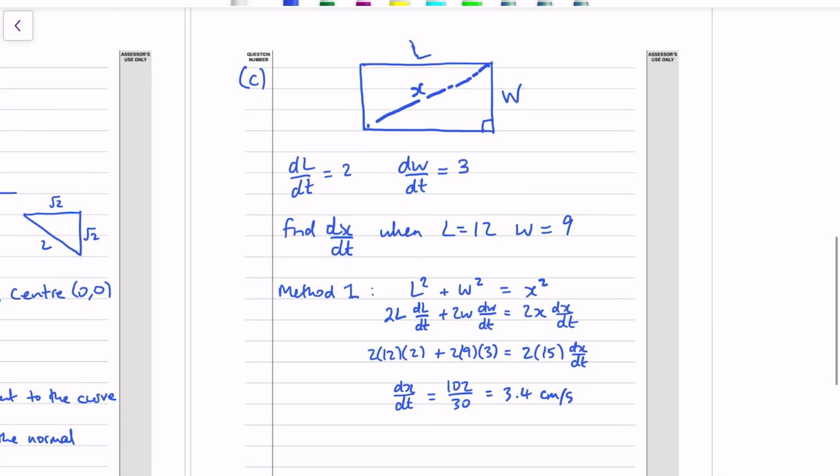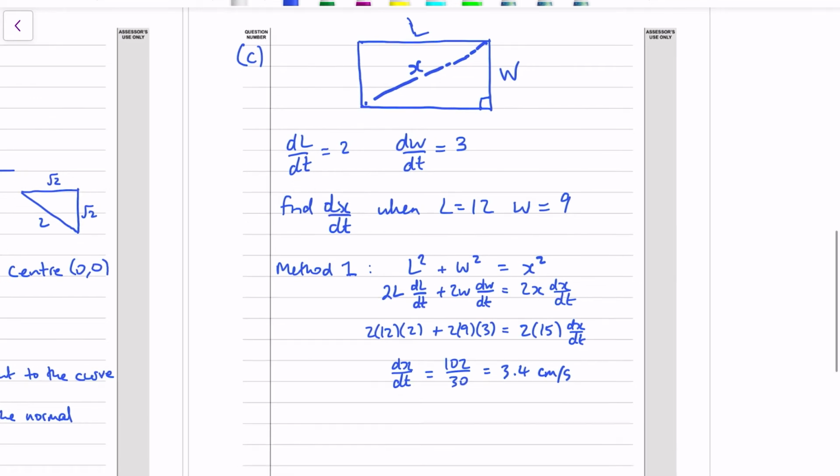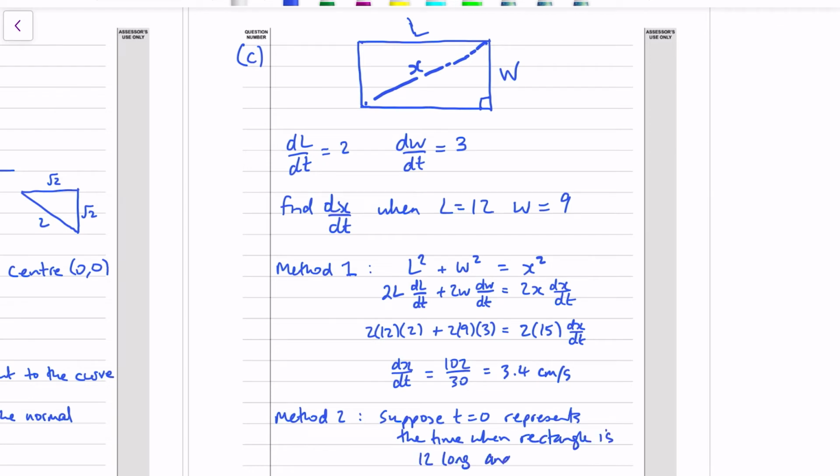Another way of thinking about this problem is to write the length and the width both in terms of time. And so what you could do is say suppose t equals 0 represents the time when the rectangle is 12 long and 9 wide.